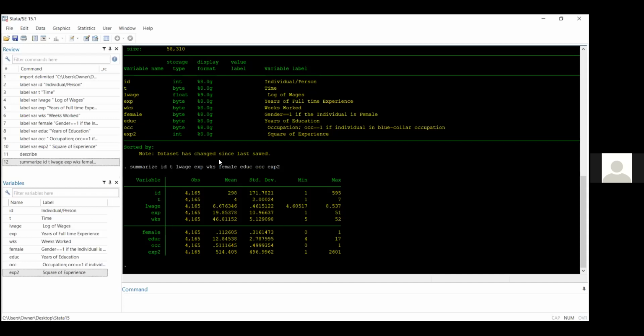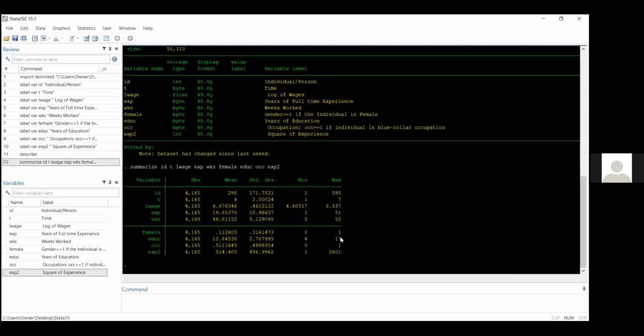What was experience by definition? We're talking of full-time experience, years, sorry, those are years of experience. It is weeks worked which we are counting. The lowest is 5, and the maximum was 52 weeks with an average of 46. So we could see in this sample, on average, most people have worked for 46 weeks or above.